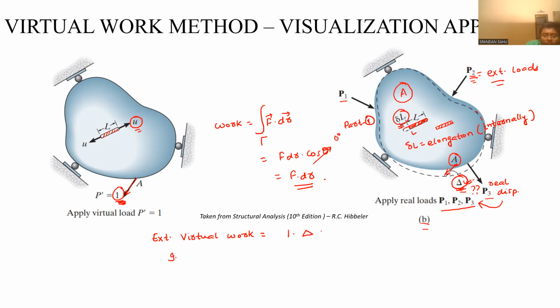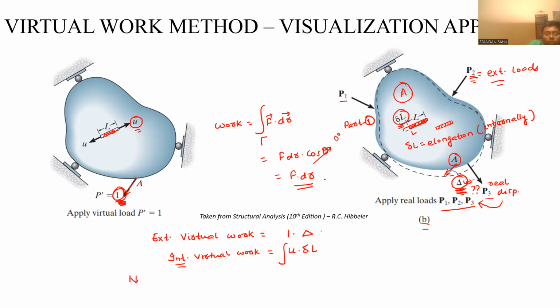So the internal virtual work done will be u dot delta L. Since we are considering a single element and there will be n elements within this rigid body, if we integrate this, we get the total work done internally due to the external virtual load 1 that we applied to calculate the external displacement, which is real in nature, that is delta.